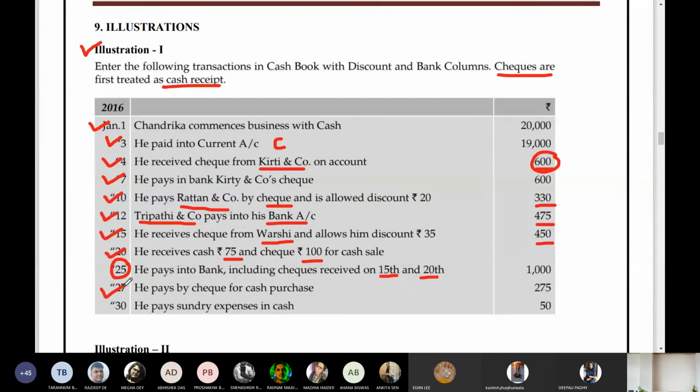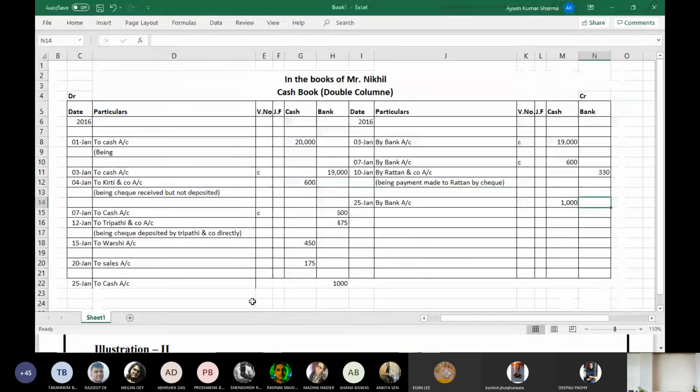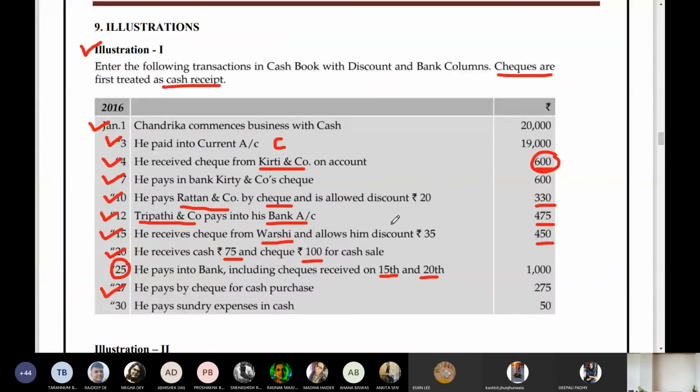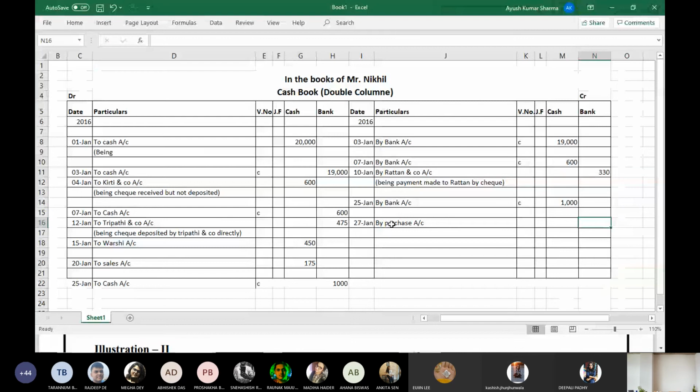On 27th, he pays by check for cash purchases. Here we write 27th, by purchase account. In bank column 275.